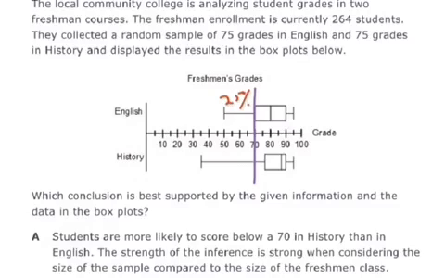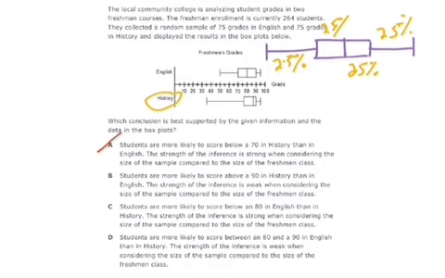So English has 25% of their students that scored below a 70. But history is going to have less than 25% because that bar still goes up to about 75. So A is not going to be right because A actually has a lower percent of students that scored below 70. 25% of their students scored probably about here, which is below a 75. So A is not going to work.